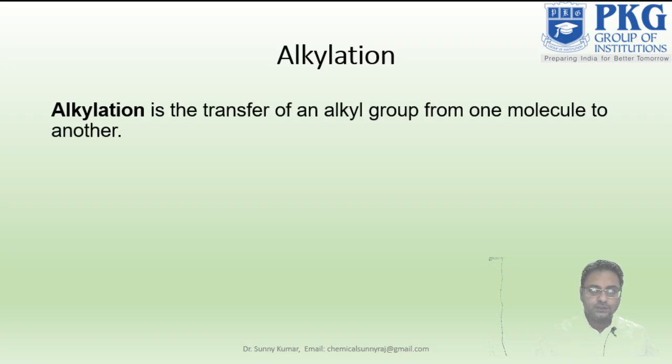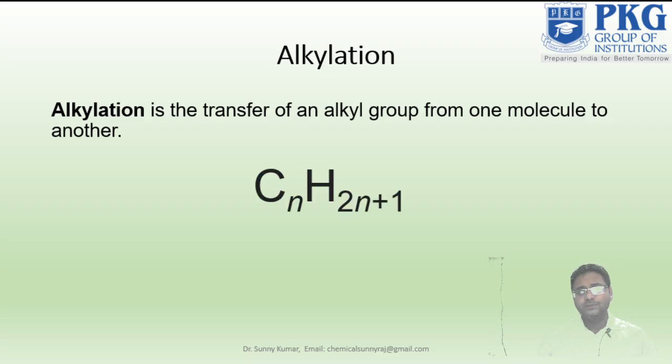Alkylation is the transfer of an alkyl group from one molecule to another. When you are creating a product, whatever reaction is happening from reactant to product, the alkyl group is transferred from one molecule to another. So we have to know what the alkyl group is. The alkyl group has the formula CnH2n+1, where n can be 1, 2, 3, anything.